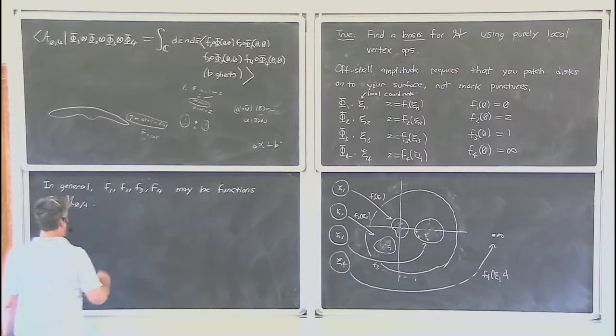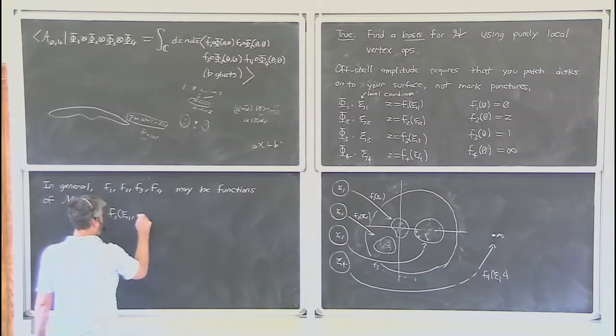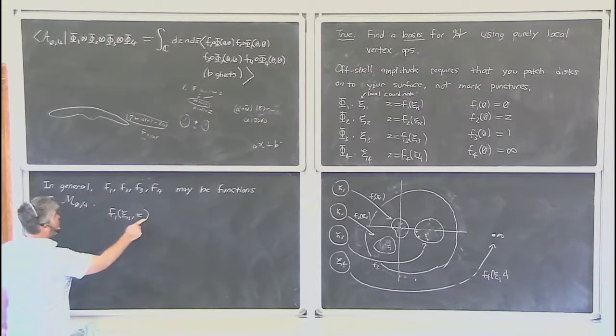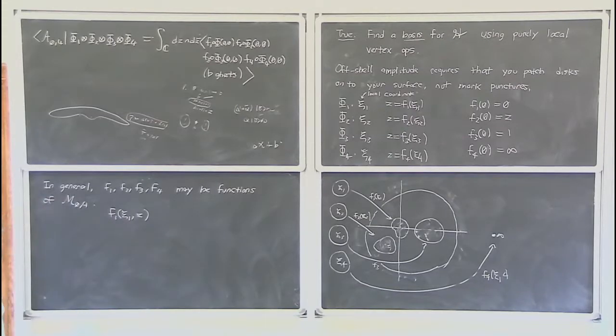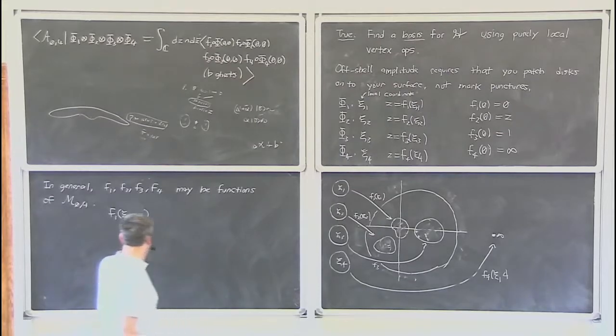So in principle, we should really write F1 of xi1 together with z. These local coordinate maps can depend on xi1, and they can also depend on the point z where we are inserting the second puncture.